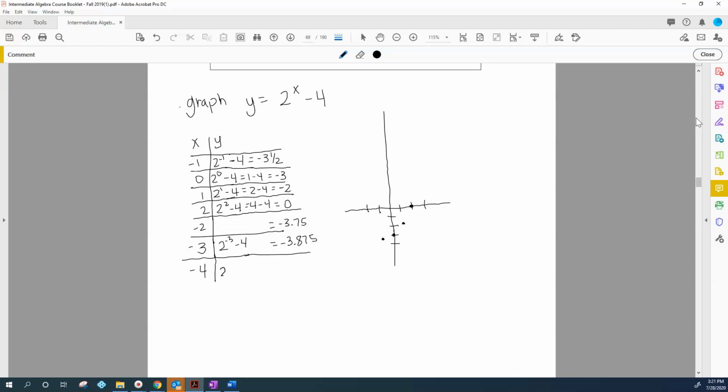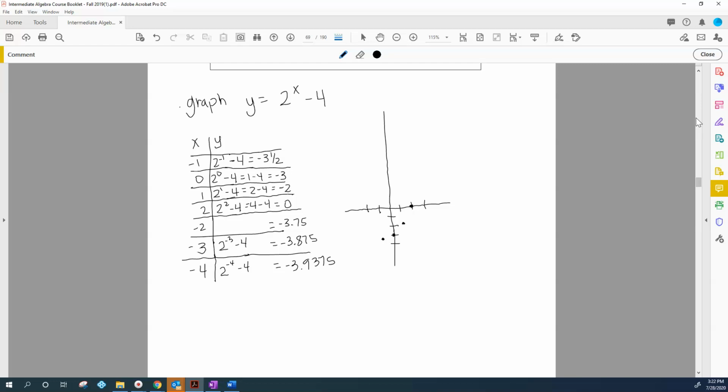Right, so 2 to the -4 power minus 4. What do we get there? So do you see how it's getting closer and closer and closer?